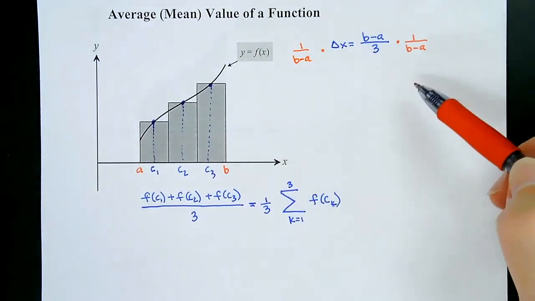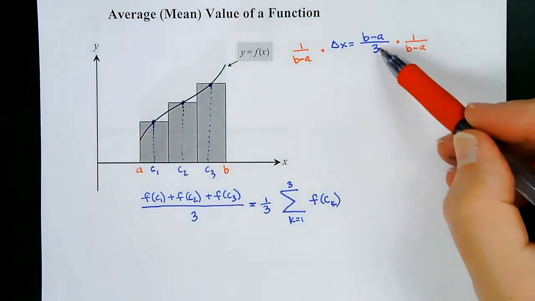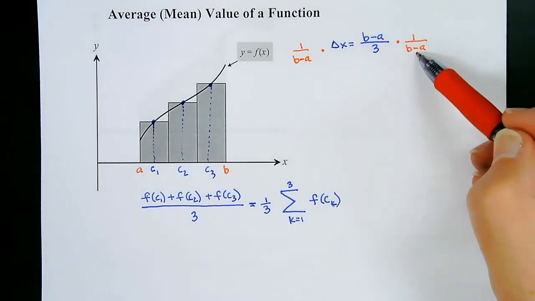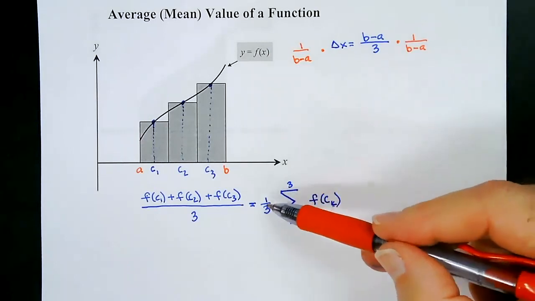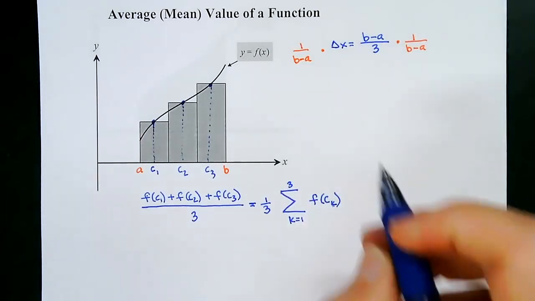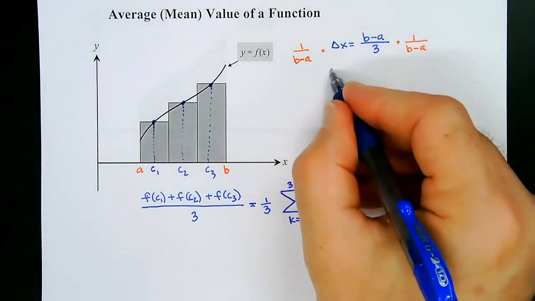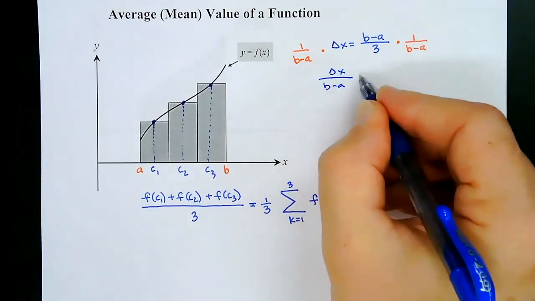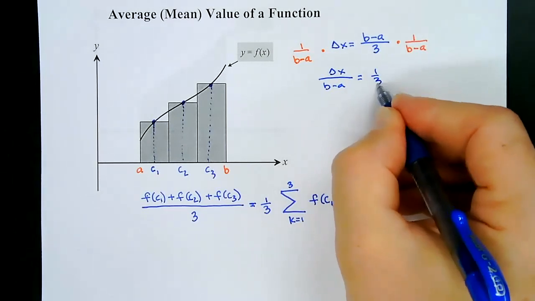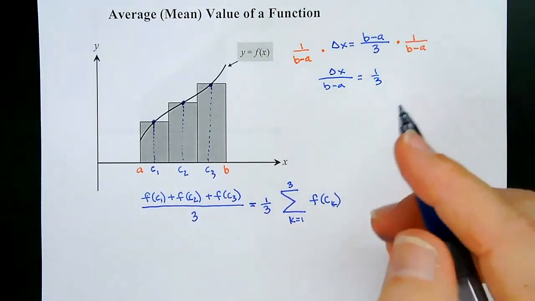All right. And so what happens here is the b minus a here and the b minus a here cancel. So on this side, I'm going to be left with 1/3, which is this 1/3 right here. And on the left-hand side, I'm going to be left with delta x over b minus a, and that would equal 1/3. So that's true for this problem.